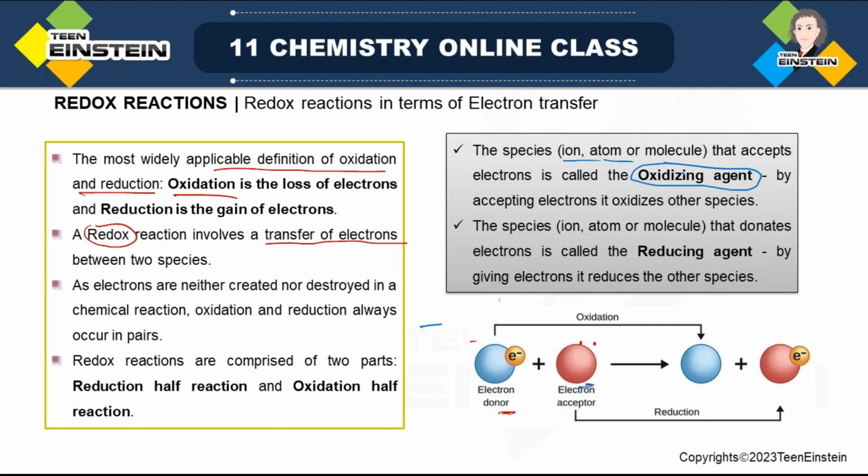The previous definition we are now not considering. By accepting electron, obviously it oxidizes other species. And the species that donates electron will be called the reducing agent, and it is sacrificing its own electrons, and that is why it is reducing the other species. So this is the definition of oxidizing agent and reducing agent when we are considering redox reactions in terms of electron transfer. So electron is transferred from one species to another species.